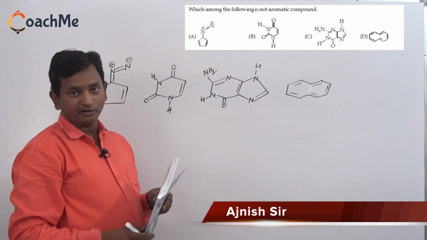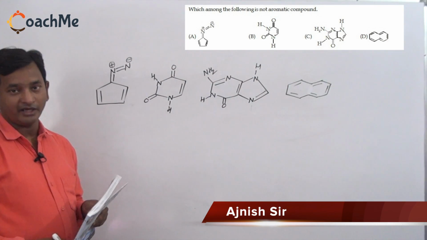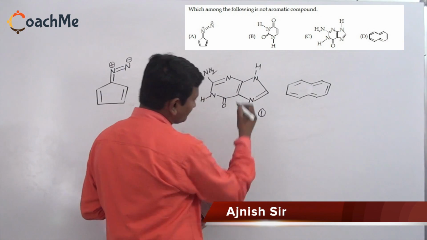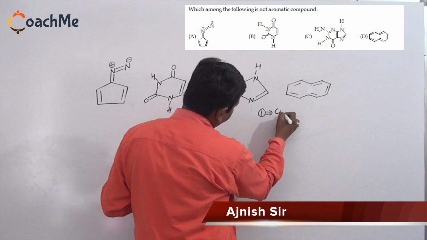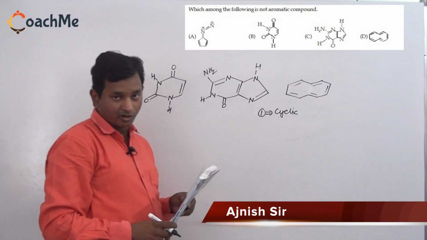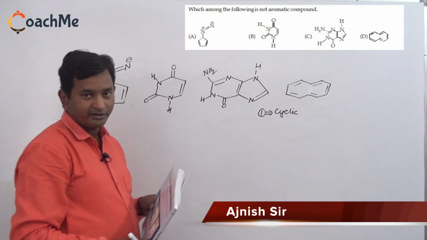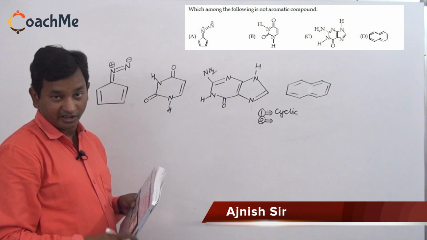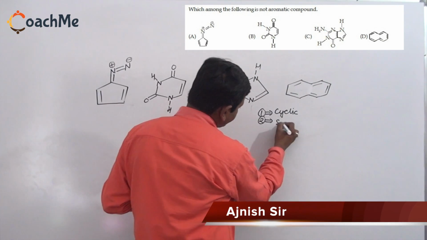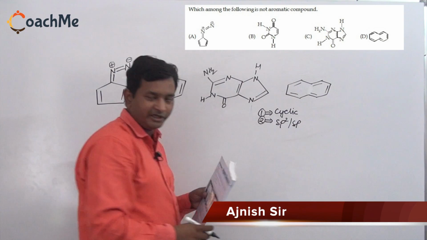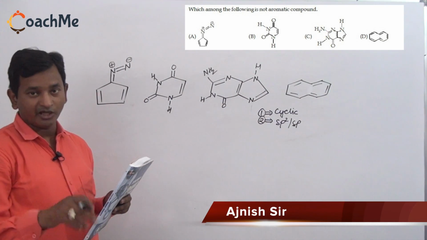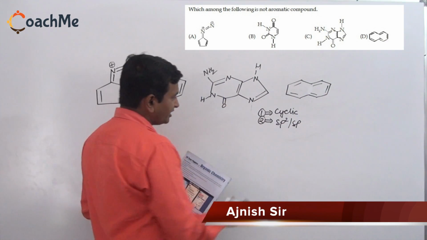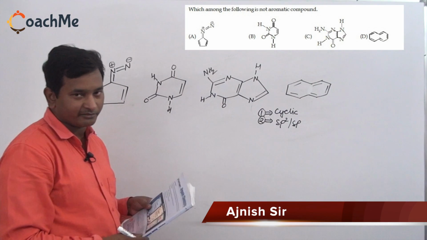To think about an aromatic compound, the molecule must fulfill 4 requirements. First, the molecule must be cyclic in nature. Second, each atom of the ring will be sp2 hybridized, sometimes sp hybridized. If the molecule has more than 1 ring, then at least 1 ring must have sp2 or sp hybridization for each atom.